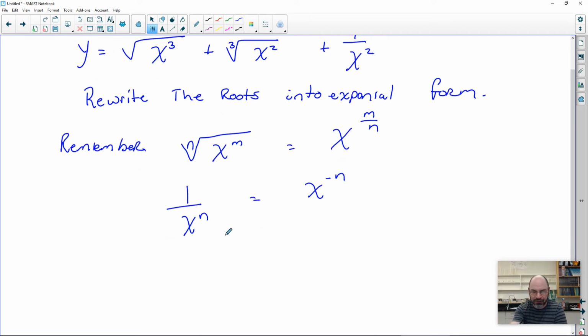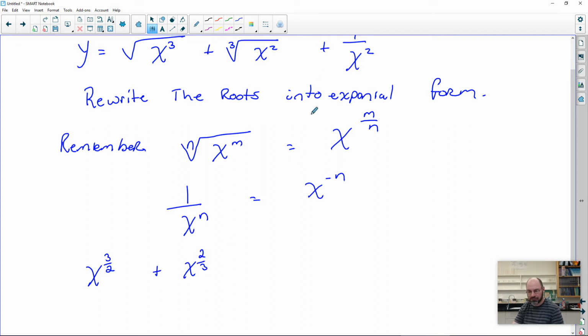So let's rewrite this equation here. Our rewrite is going to be x. Now, if there's nothing in the notch, it's a square root, that's a 2. So this is going to be x to the power of 3 over 2. This is going to be plus x to the power of 2 over 3. Don't get those mixed up.